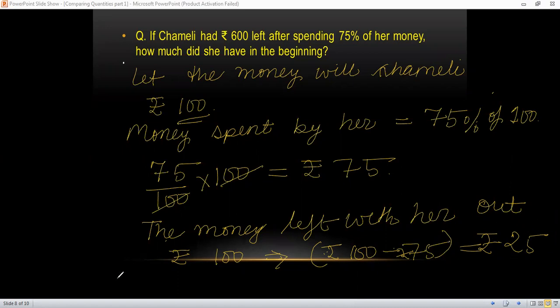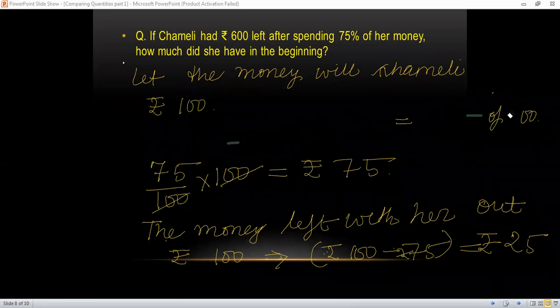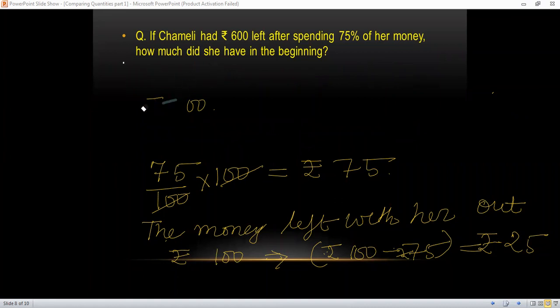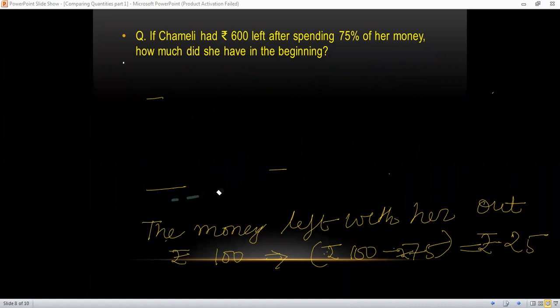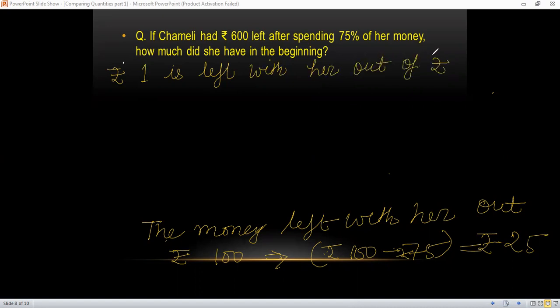Now what we will do? Let's see. We will solve next by unitary method, that for 1 rupee is left with her out of rupees 100 by 25.